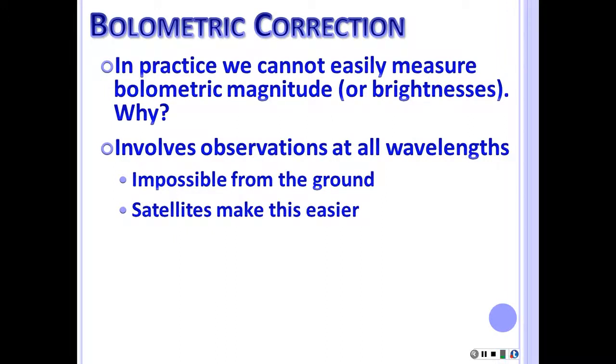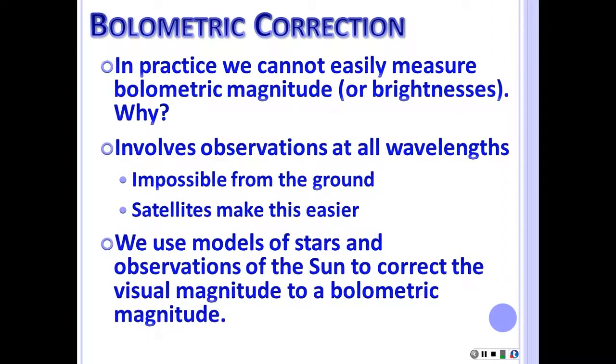So we say, well, we've got this sort of object. If it's this bright at V and this bright at B and this bright at I, we can be fairly sure that we can come up with a function that fits over all wavelengths and be able to integrate. And so we can come up with a correction from a visual magnitude to a bolometric magnitude, but it does depend on the temperature of the object.